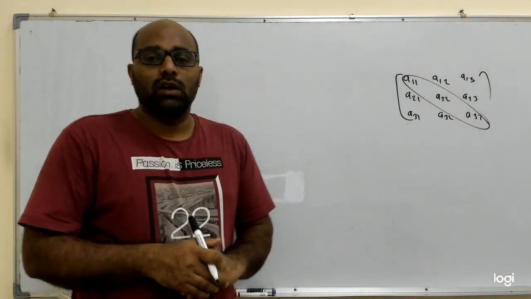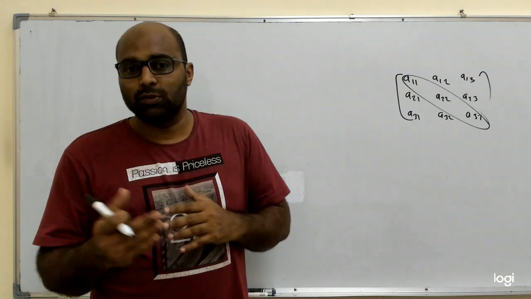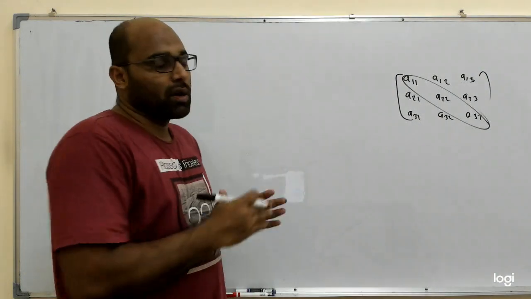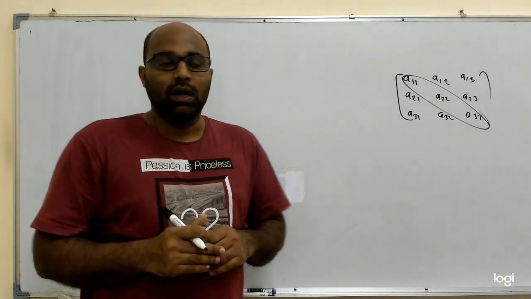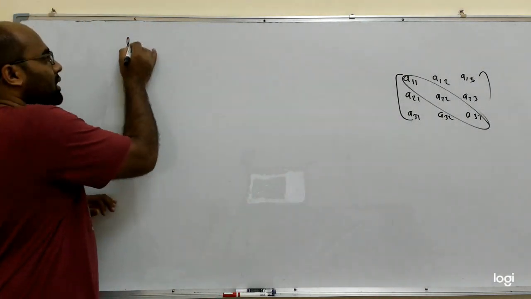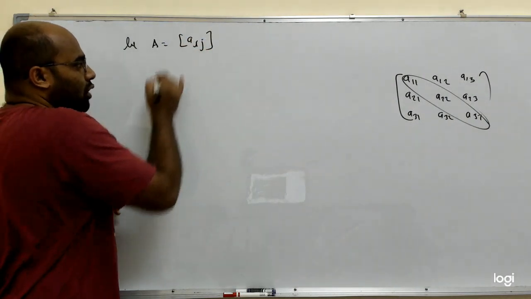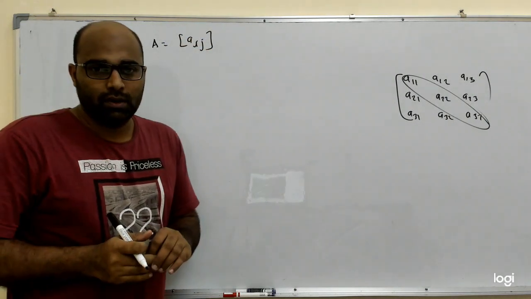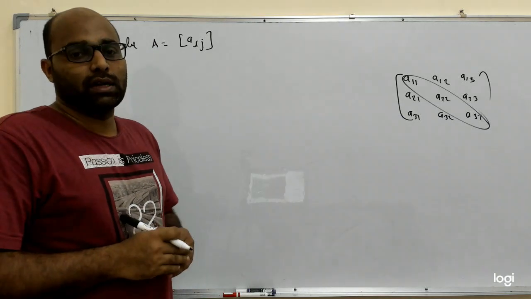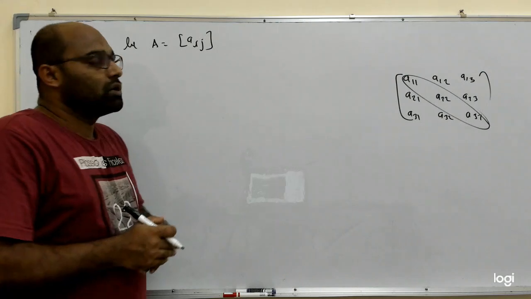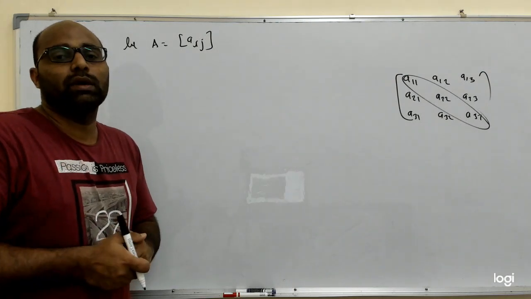How will we start? Try to understand what is the transpose and all. Aij will become Aji. This is a theory part. Proof. Let A equal to Aij, you know how we represent the matrix, be a skew symmetric matrix. This is the starting.